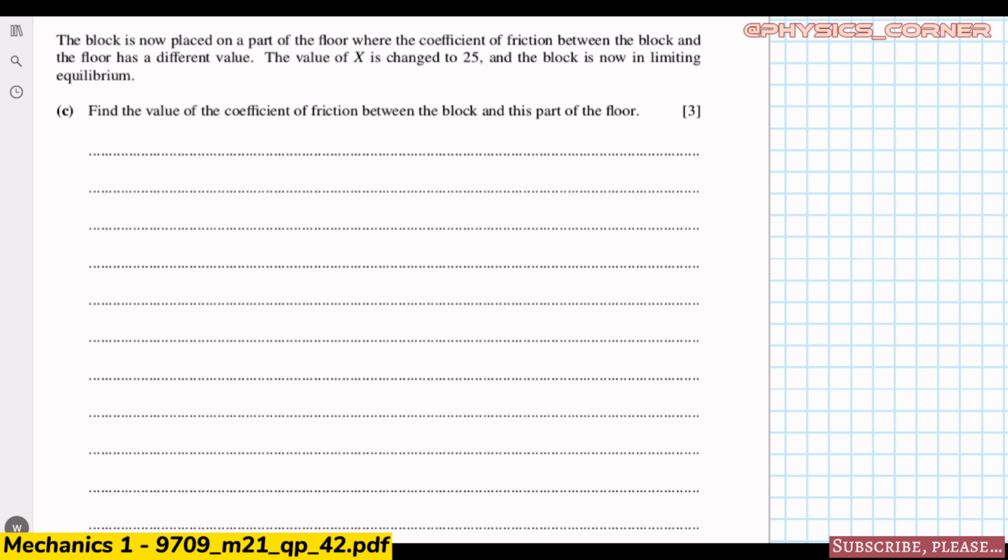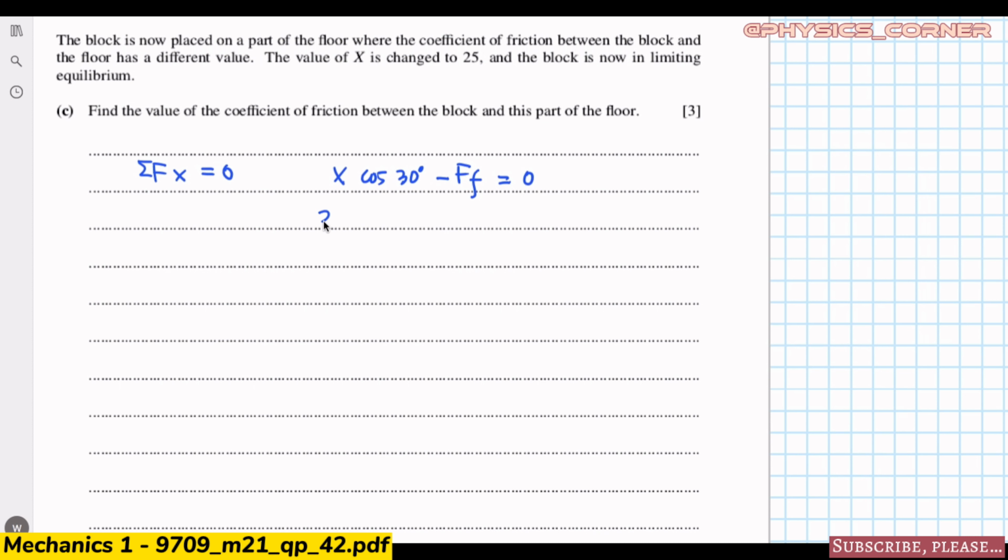Limiting equilibrium means the total force on the x equals 0. So x cos 30 minus frictional force equals 0.